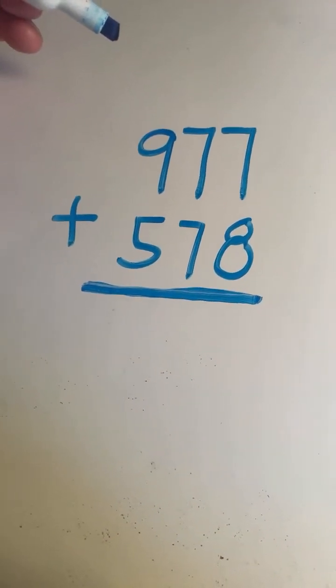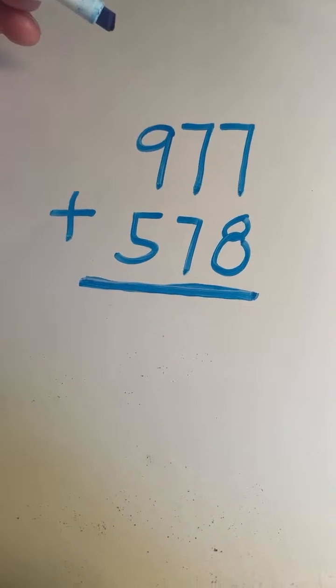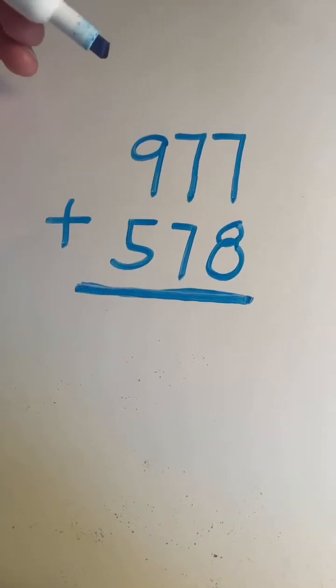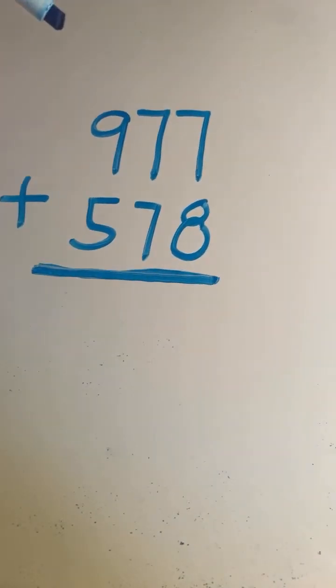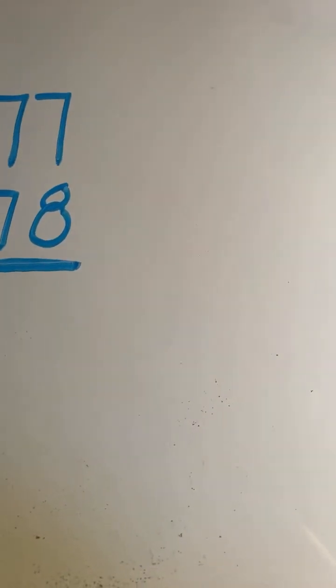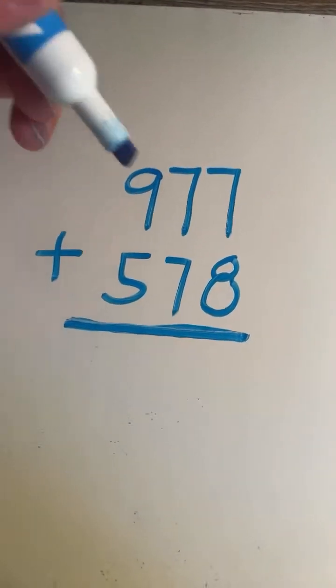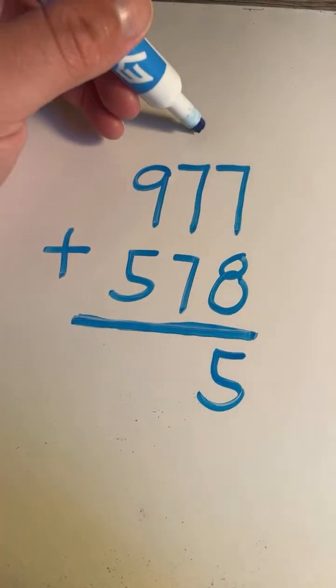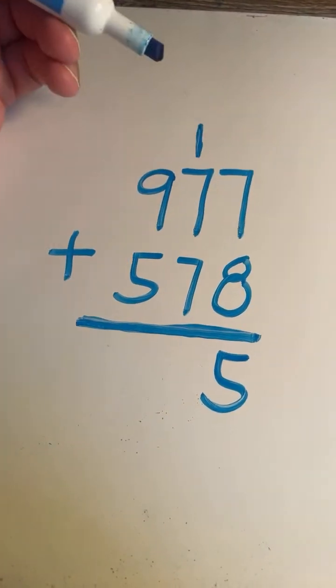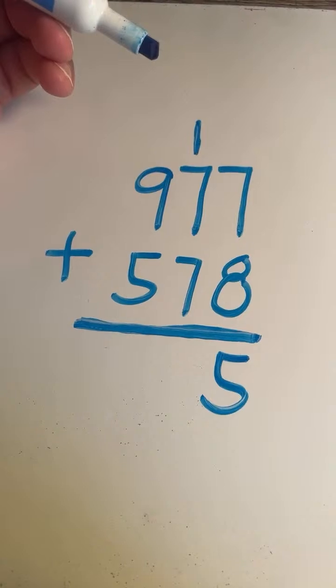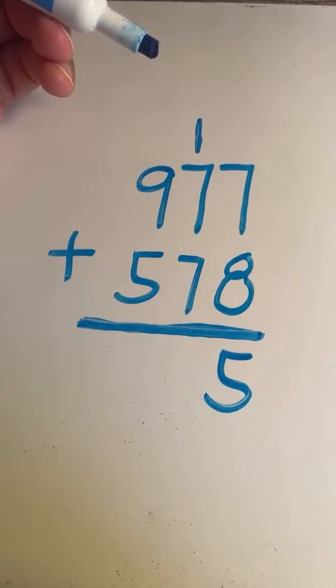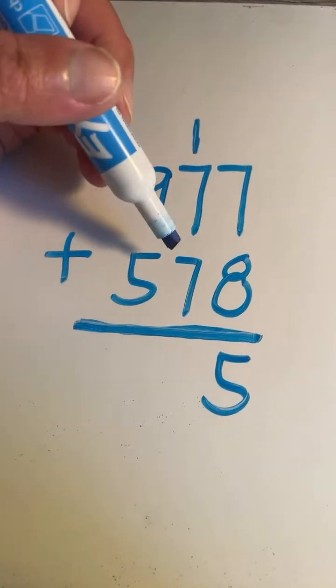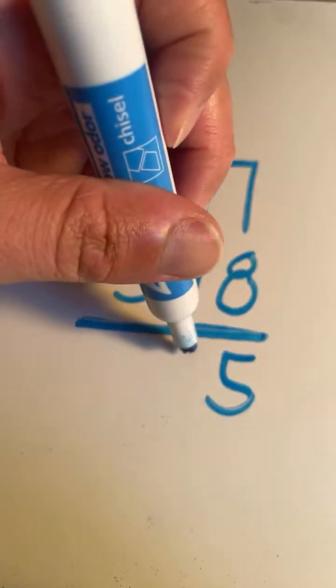All right, 977 plus 578. So again, we always start in the ones place, the digits all the way to the right. 7 plus 8 equals 15. 5, carry the 1. 7 plus 7 equals 14, plus 1 equals 15.